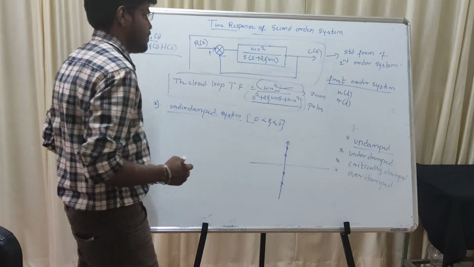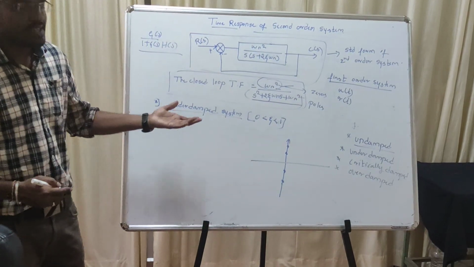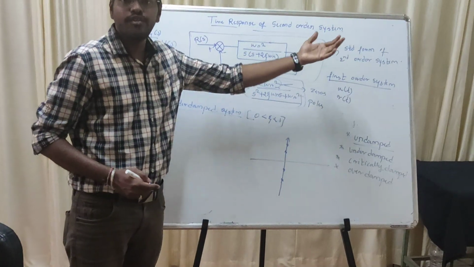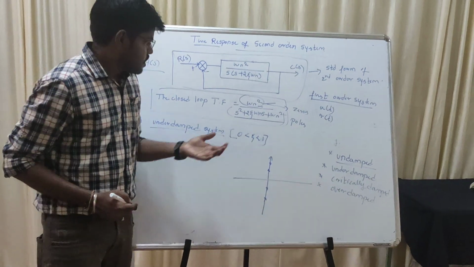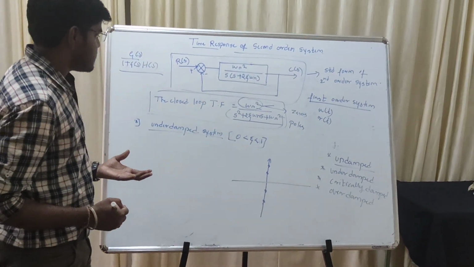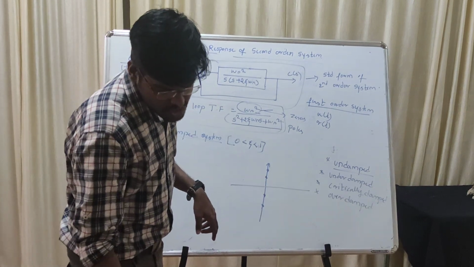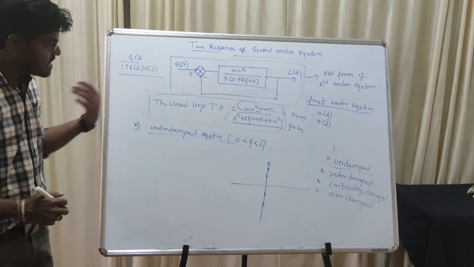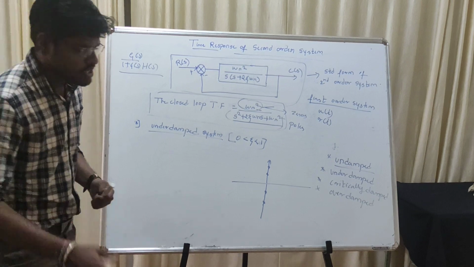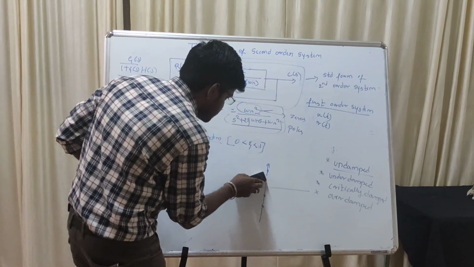For example 0.1, 0.2, 0.3, 0.4 up to 1. For any value less than 1, the poles are complex conjugates and lie in the left half of the S plane. For example, this is the S plane.